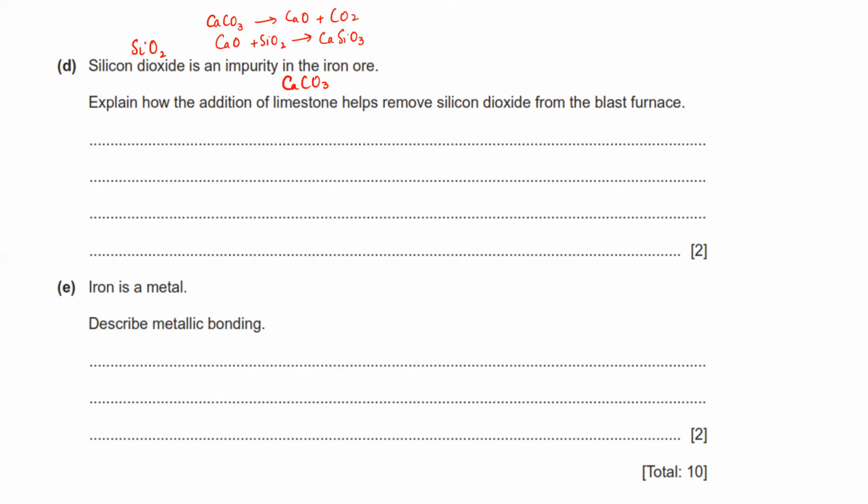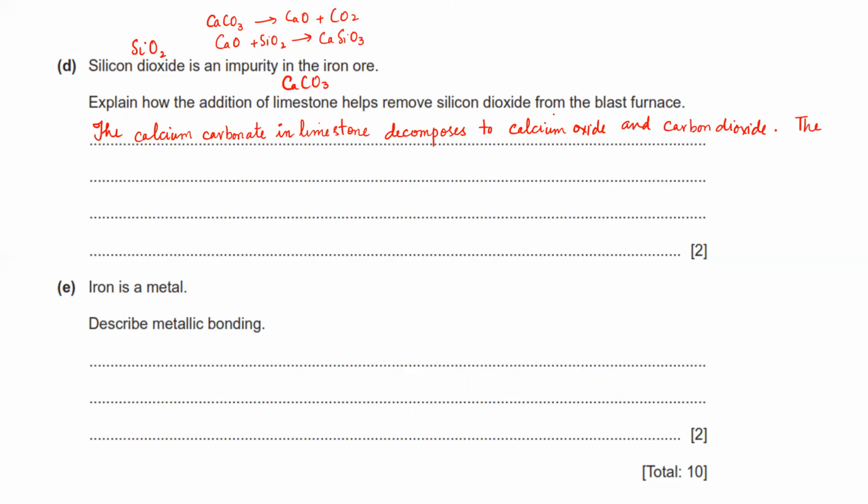So let's try to write this thing down. The calcium carbonate in limestone decomposes to calcium oxide and carbon dioxide, so calcium oxide CaO and CO2.